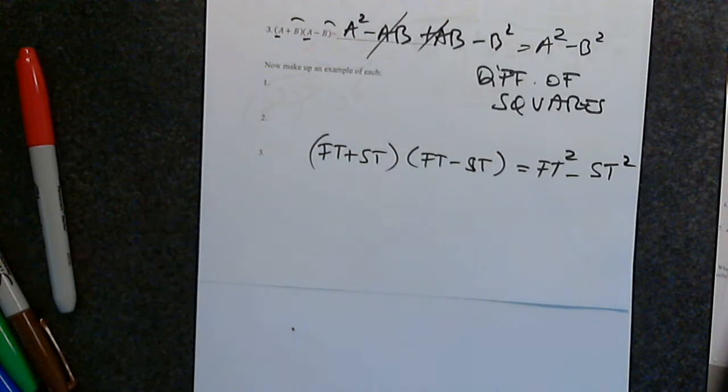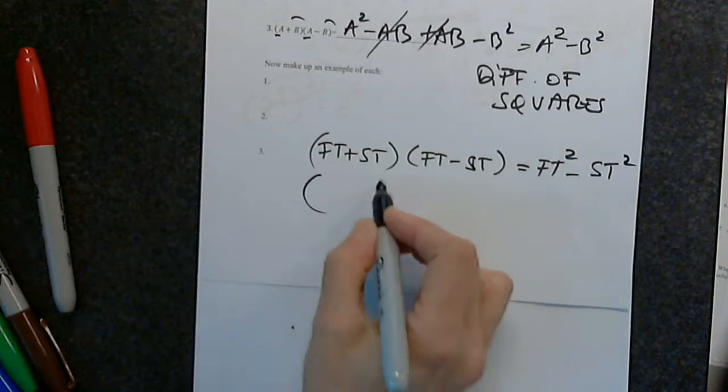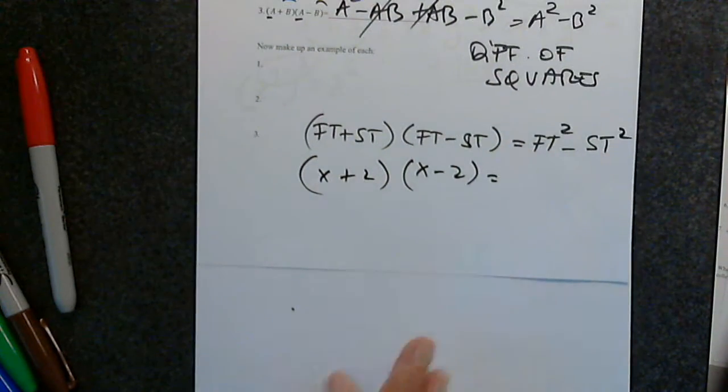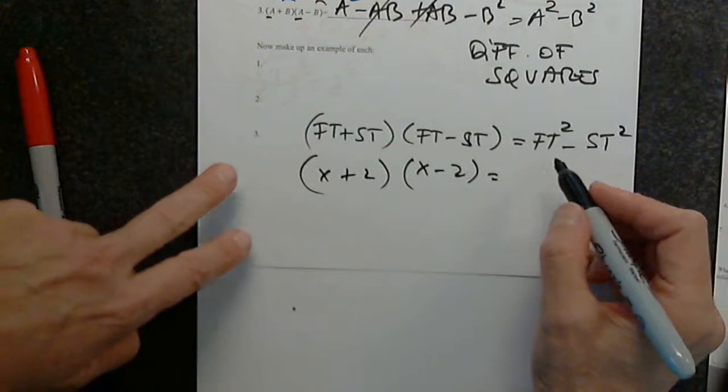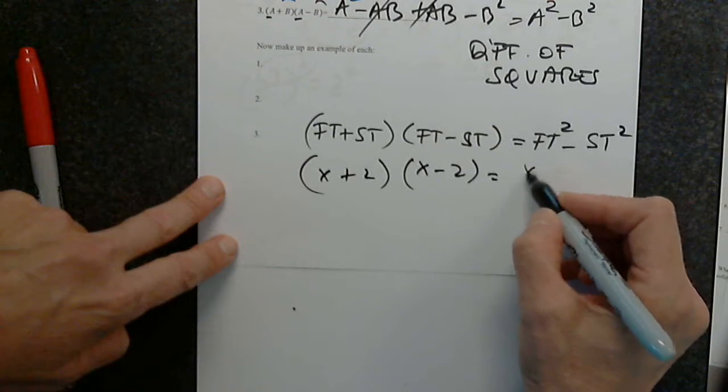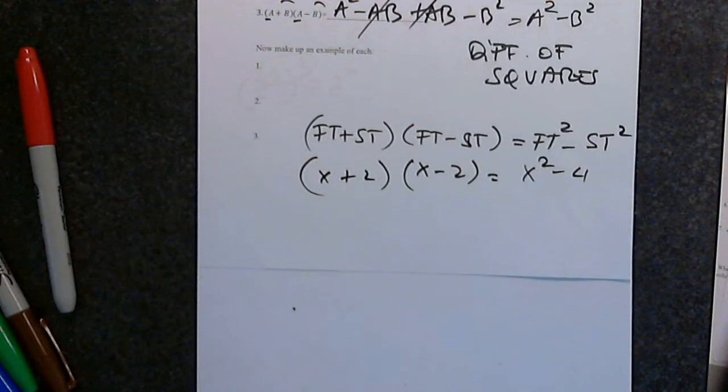And you can make up any example you want. Okay, so let's say x plus 2 and x minus 2, and that's it. So what is it? x squared minus 4. Thank you for coming.